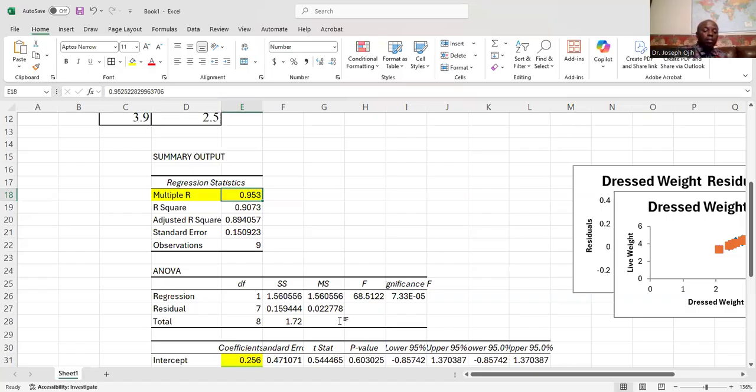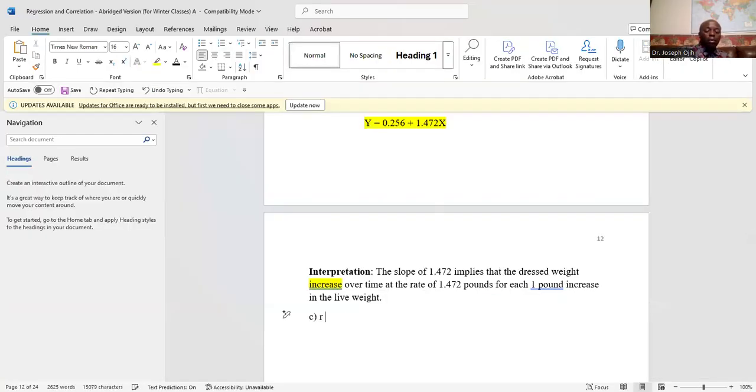R equals, we call it the correlation coefficient. R equals 0.953.